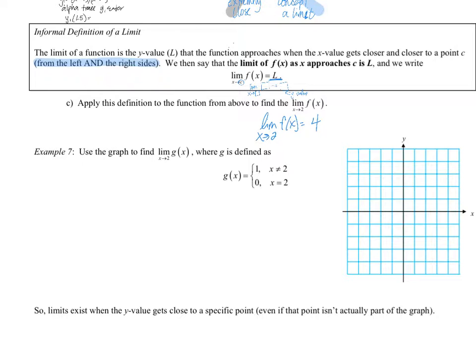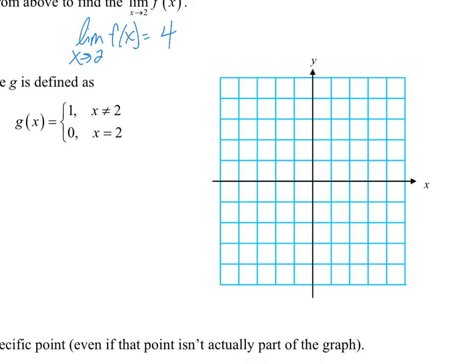When x is not equal to 2, everywhere else it's equal to 1. When x is equal to 2, we're at 0.